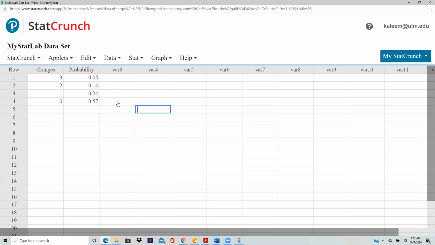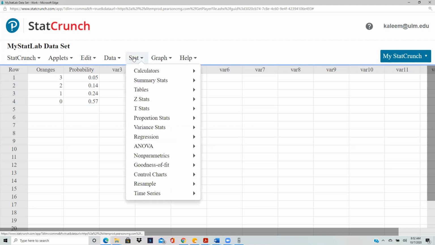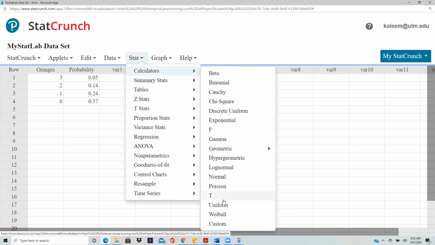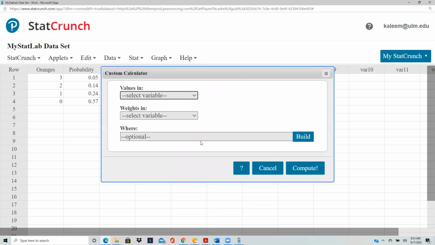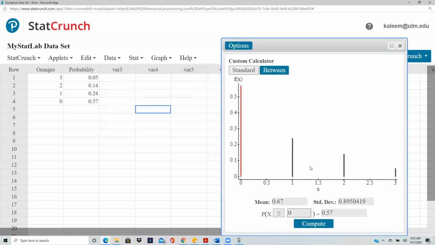And now we're ready. You go to stats, calculator, and custom for the probability situations. So the expected value is 0.67. The standard deviation is 0.90.